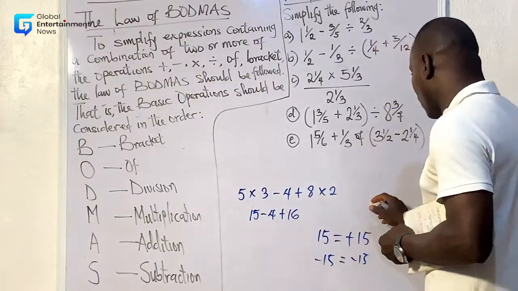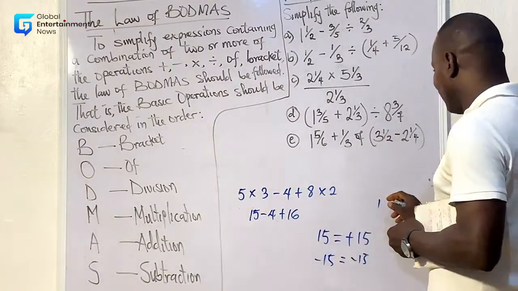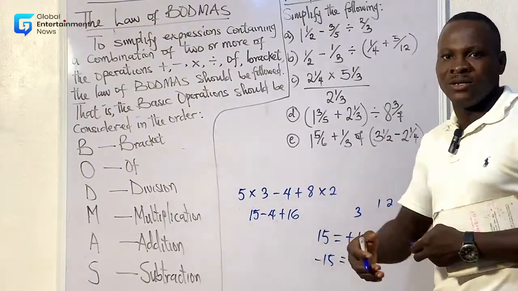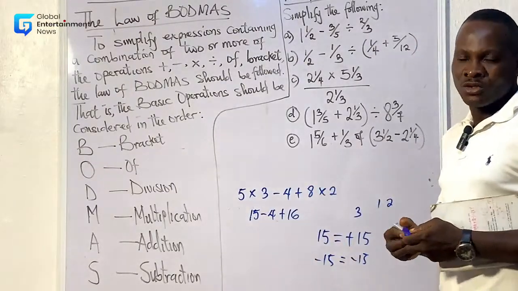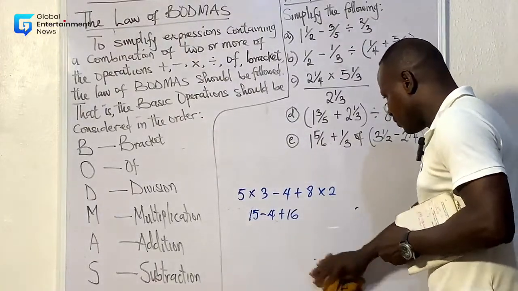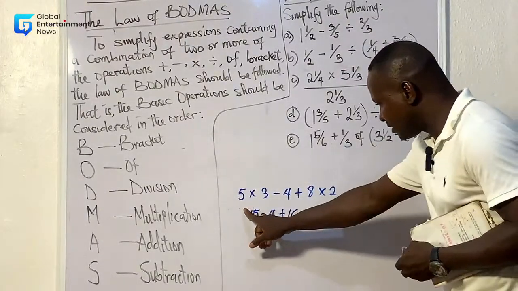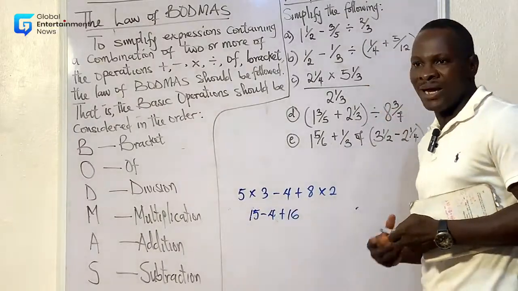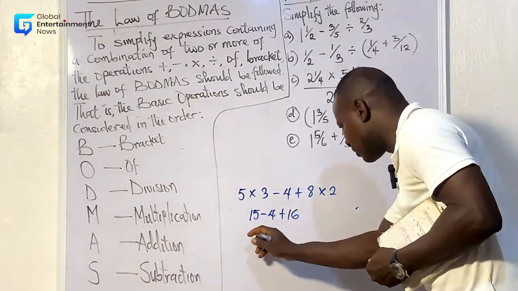If I write 1, it is plus 1. If I write 2, it is plus 2. If I write 3, it is plus 3, and so on. So every whole number is an additive number. Now looking at this, you are going to see that this is plus 15 and plus 16. Leave this minus 4 there. So we are going to have what?